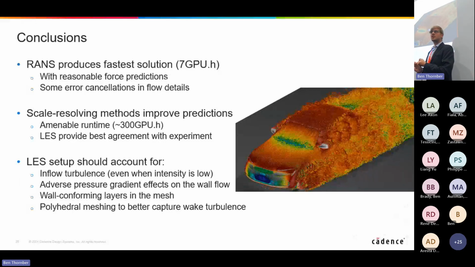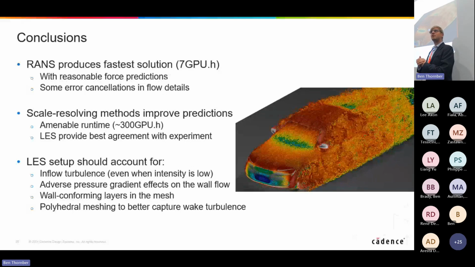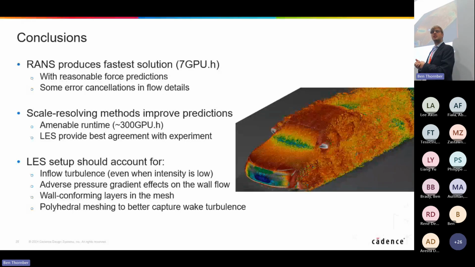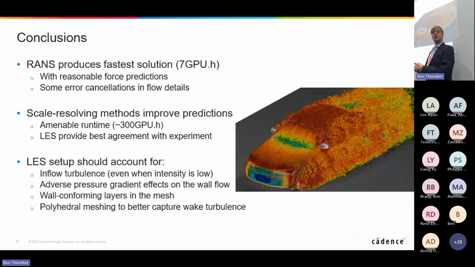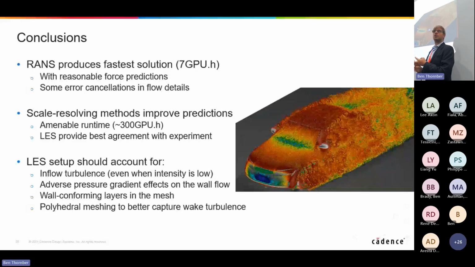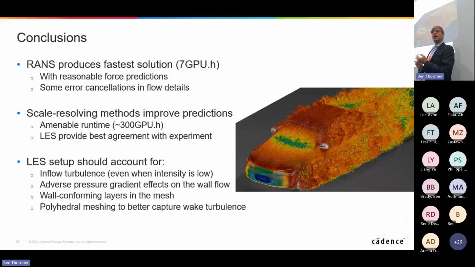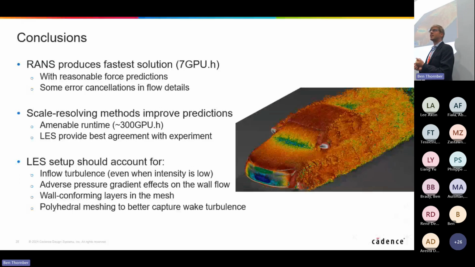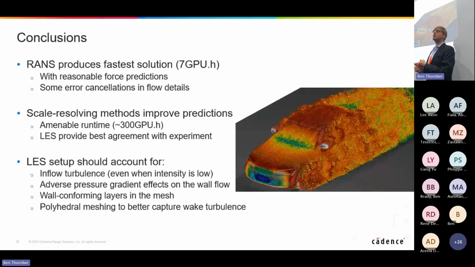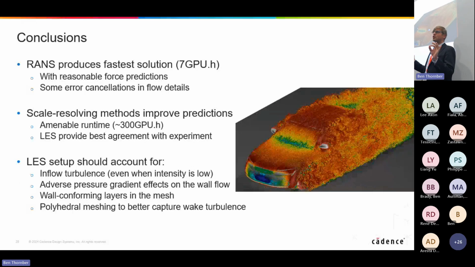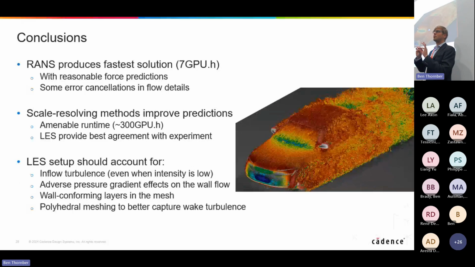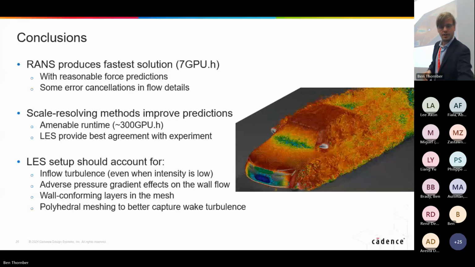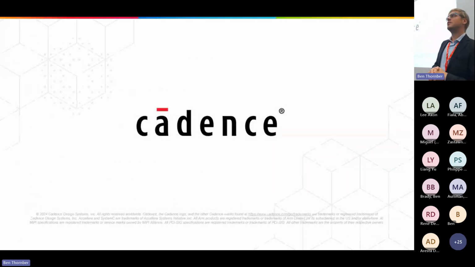One is ensuring an isotropic seeding of your polyhedral meshes in the wake regions, especially, accounting for adverse pressure gradient effects in the wall functions, and inflow turbulence, which can have a decent effect on your results, as well as the inclusion of layers in your mesh to ensure a homogeneous first Y+ layer on your body. And that's all I have for you today.